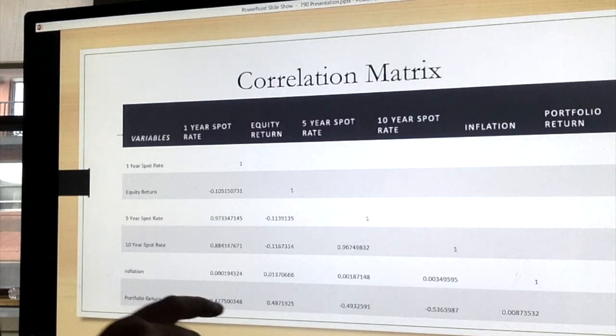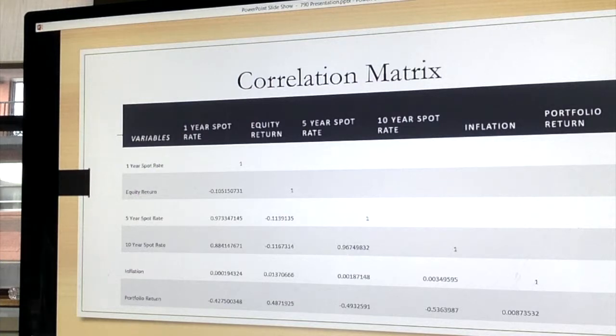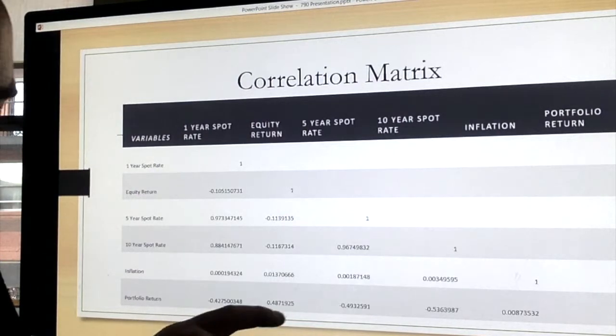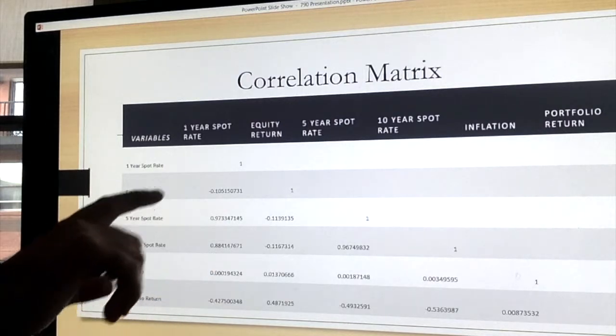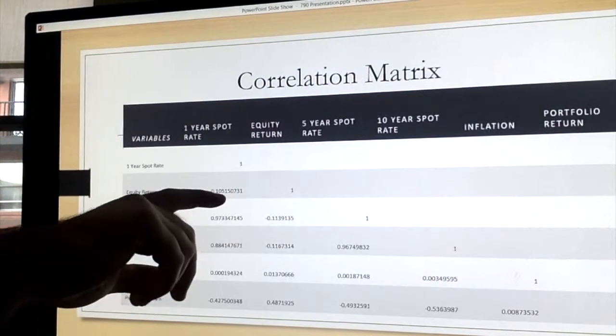So the coefficient is getting bigger and bigger as we move towards longer maturities of the spot rates.